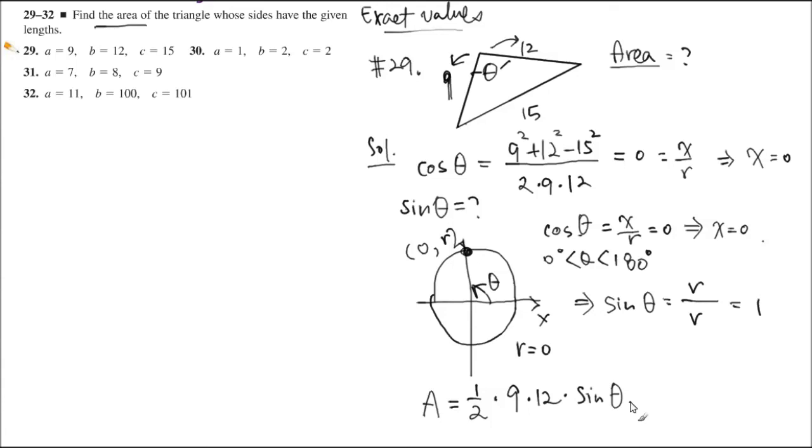So just knowing that cosine theta from the law of cosines is 0, we could conclude that sine theta must be 1, because theta is between 0 and 180 degrees. So this is 1/2 times 9 times 12 times 1, right? So it's 9 times 6. What is 9 times 6? 54.